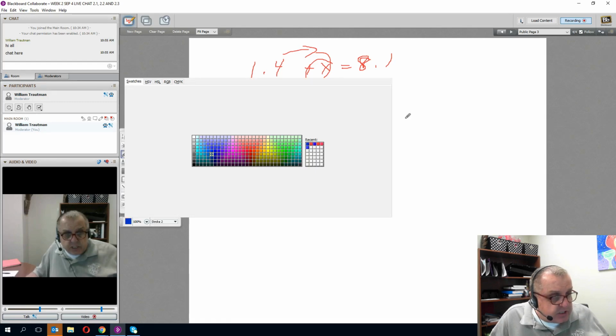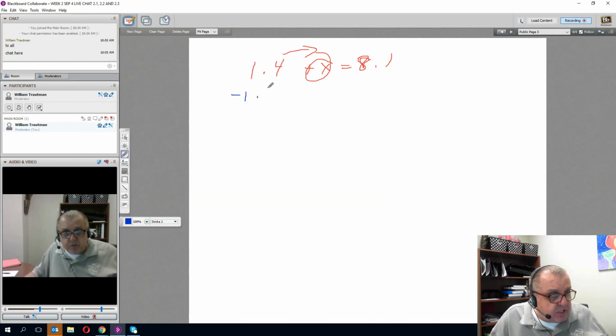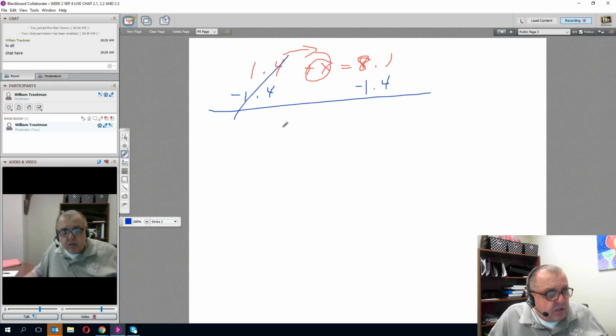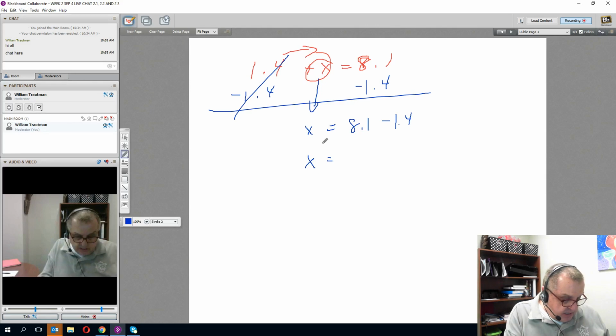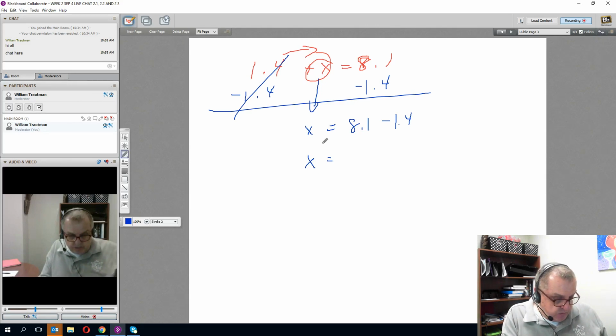To take it to the other side, I just do the opposite of plus 1.4. I subtract 1.4. So I get x equals 8.1 minus 1.4 on my calculator. I get a positive 6.7.